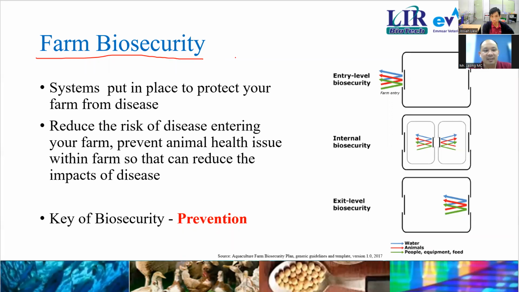Farm biosecurity is a system put in place to protect the farm from disease, so it is a preventive measure. This makes molecular detection tools like PCR or qPCR very important, because most of the samples involved are without clinical symptoms. With the help of these molecular tools, we can enhance the biosecurity of the farm.